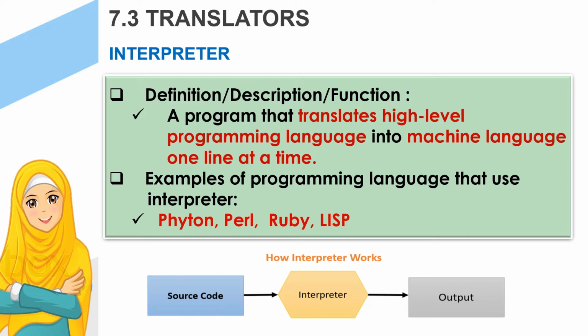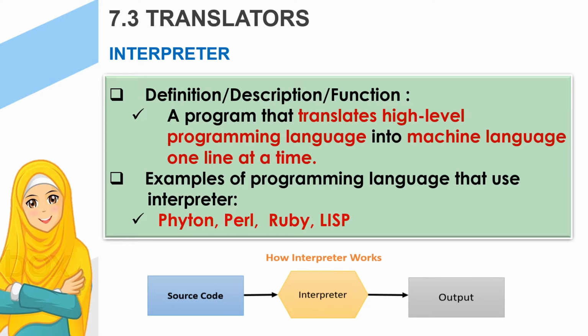So di sini interpreter dia akan translate high-level programming language kepada machine language one line at a time, baris demi baris. Examples of programming language that use interpreter adalah Python, Perl, Ruby, dan juga Lisp. Same here, the sentence for definition also you can use to give description and to give the function of interpreter.